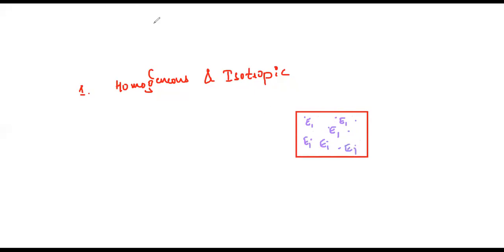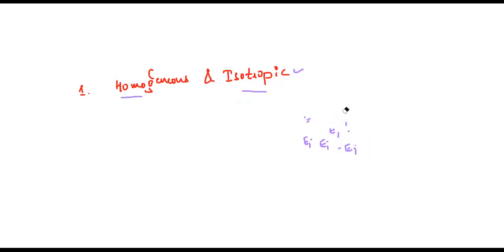What do you mean by isotropic? Isotropic in the sense, let us consider a location where the material properties are the same in all directions, then we call it an isotropic material. This is the difference, and this is exactly the meaning of homogeneous and isotropic. I hope it is clear now.